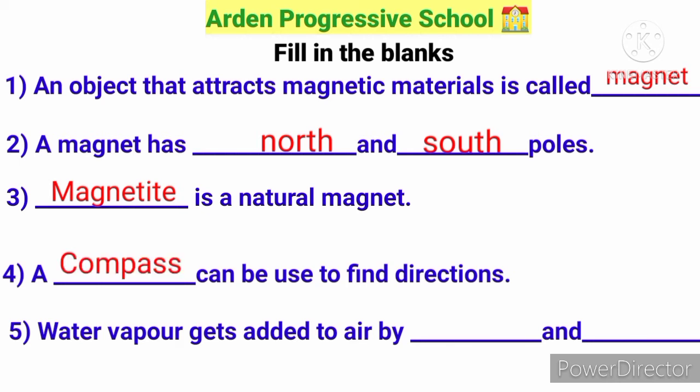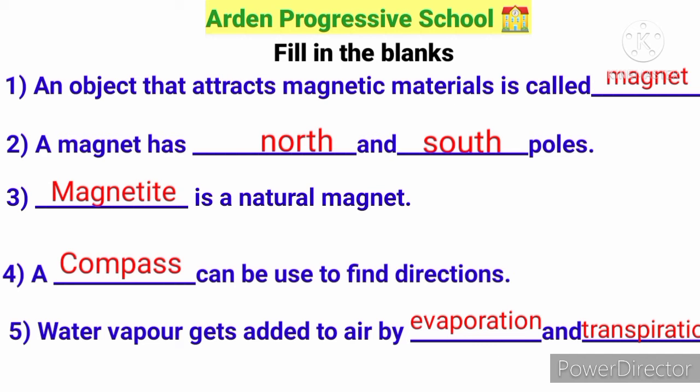So a compass can be used to find directions. Water vapor gets added to air by dash and dash. So you know that evaporation and transpiration are the processes by which the water evaporates, and it gets mixed into the air.